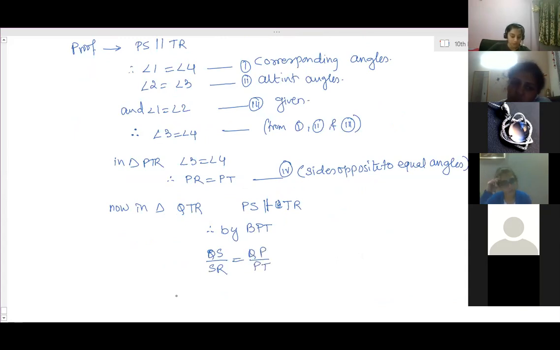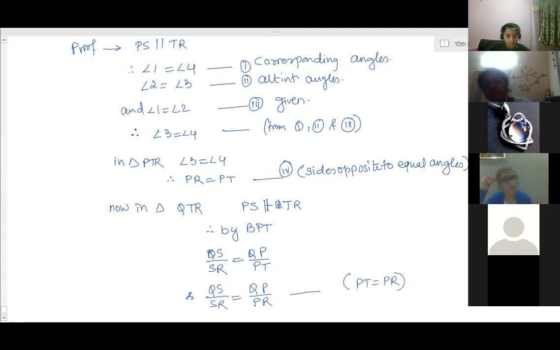Therefore, QS by SR is equal to QP by PR, as PT is equal to PR. Clear? Yes, ma'am.